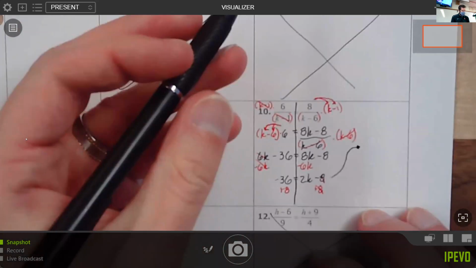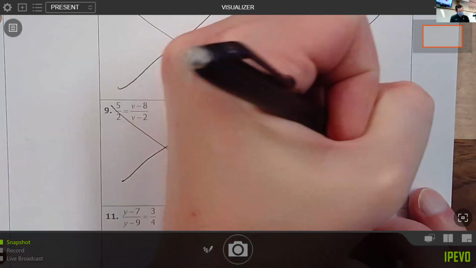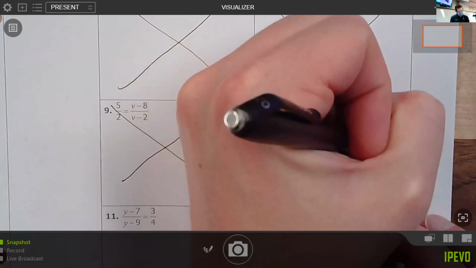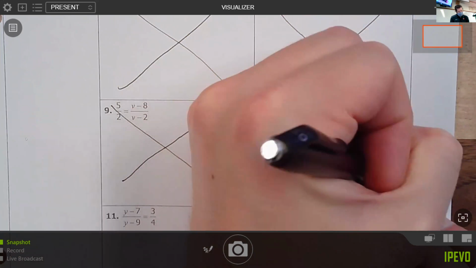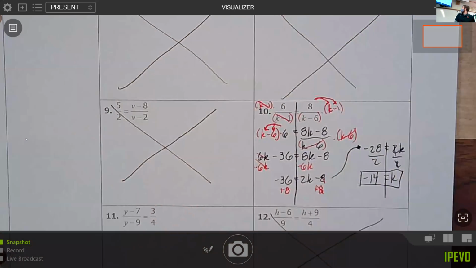And that's going to be negative 36 plus 8 is going to be negative 28. Equals 2k. Divide by 2. And k is equal to negative 14.